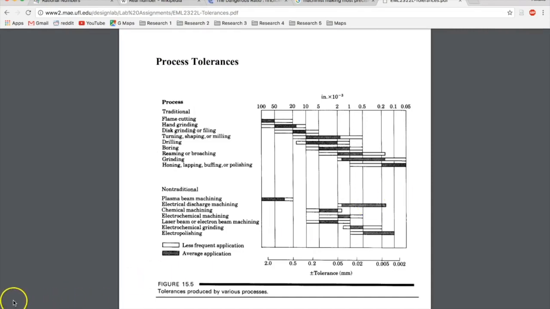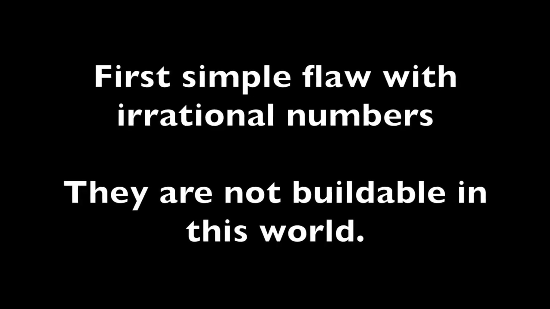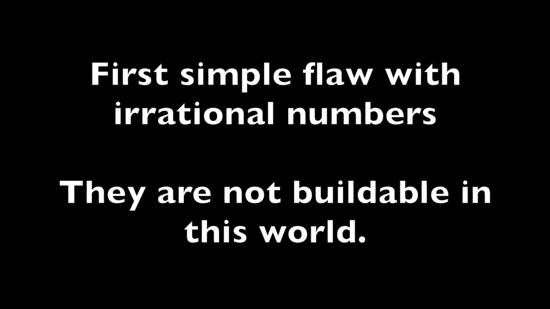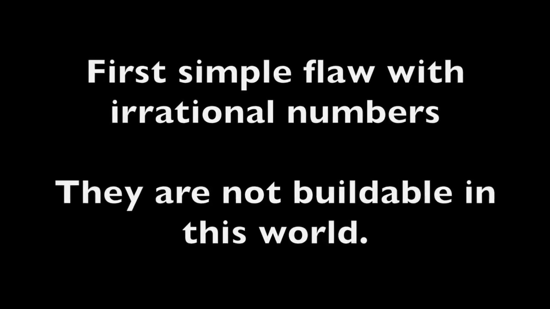So I want you to consider something. What if you asked the best machinist in the world with the best tools to cut you something off at pi, 3.14, a number that goes off into infinity, not repeating? Well, at some point, wherever he cuts, he's going to terminate this infinite series of decimals.